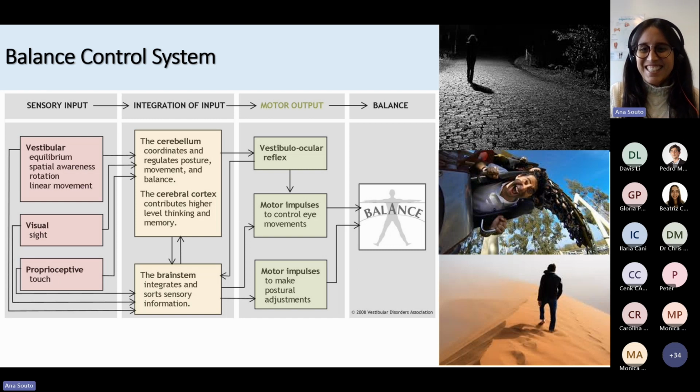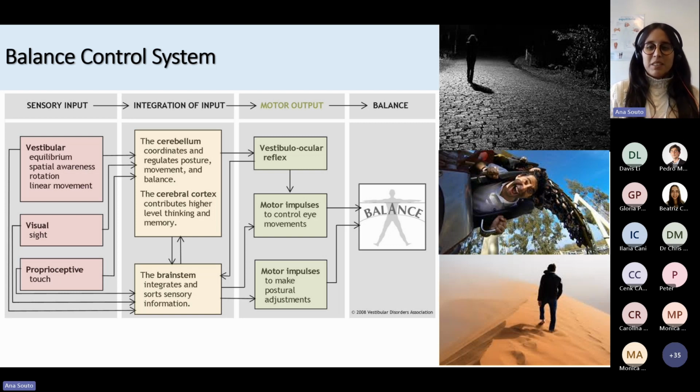I was saying that this integration and organization of sensory inputs is made in the central nervous system by the cerebellum, by the cortex, the brainstem, also known as the powerhouse of postural control.